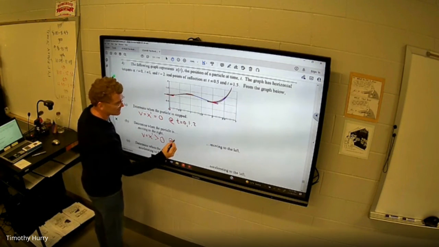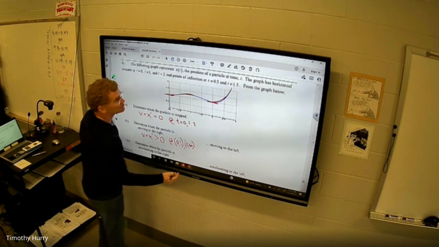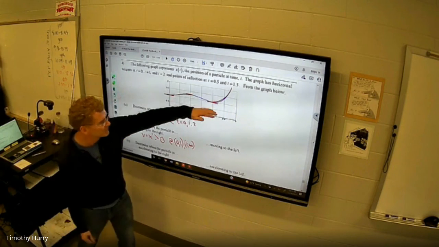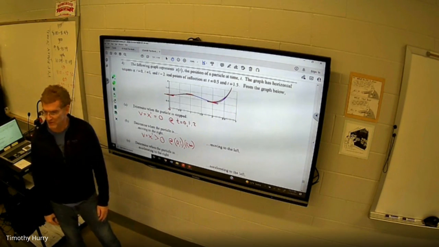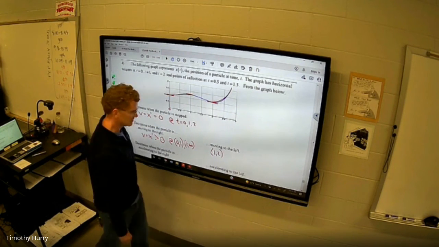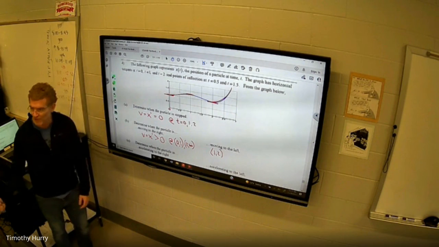So at 0 to 1, 2 to infinity, assuming it went to infinity. Moving to the left, 1 to 2. Y'all seeing it? For the same reason.